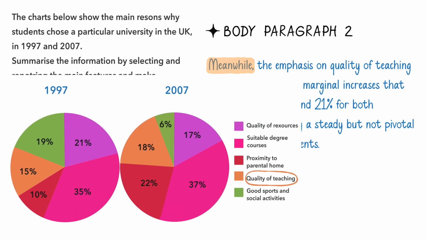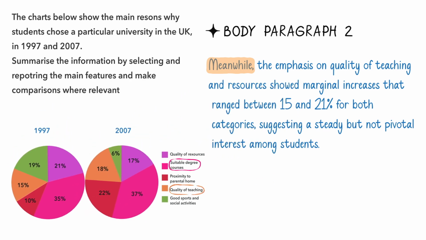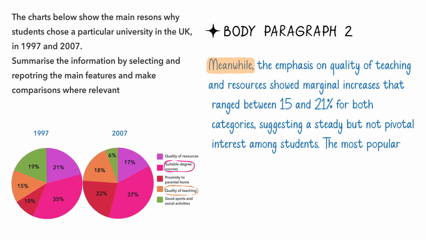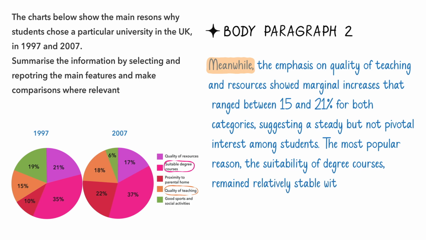Now, the second one is the most popular reason, all right, which is the suitability of degree courses. The most popular reason, the suitability of degree courses, remained relatively stable with a slight increase from 35 to 37 persons. So as you can see, now let's take a look at this part again.